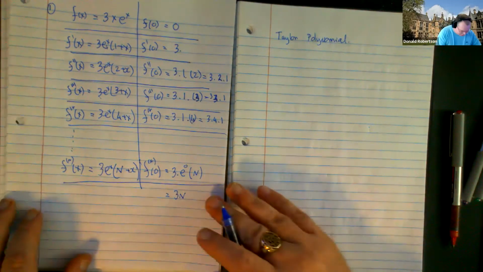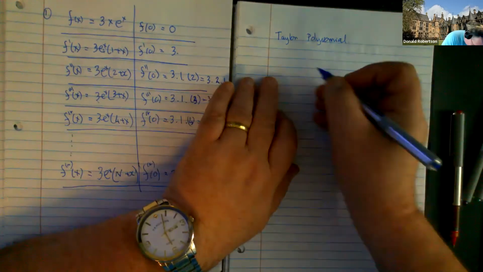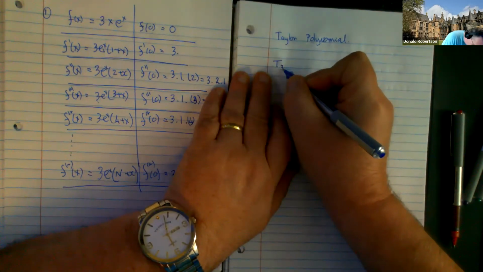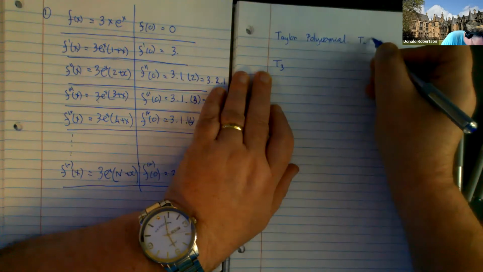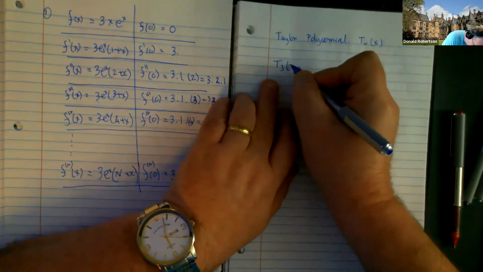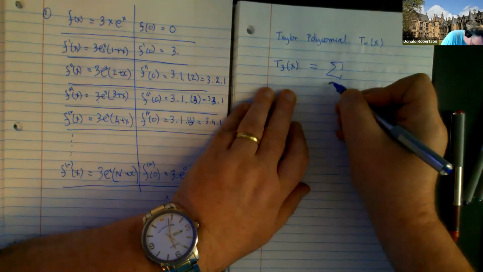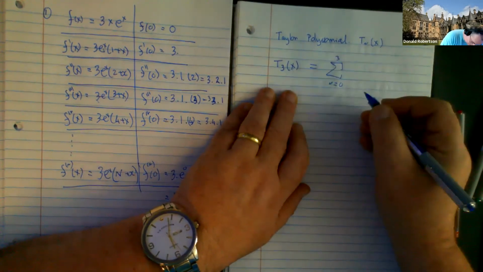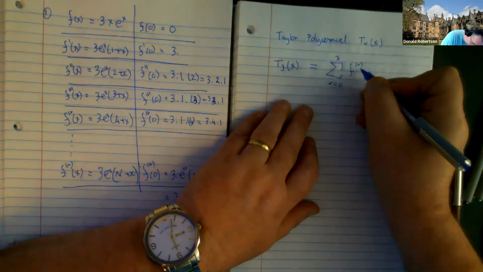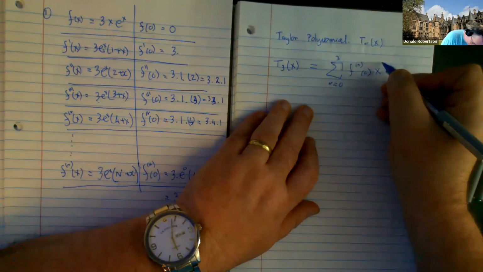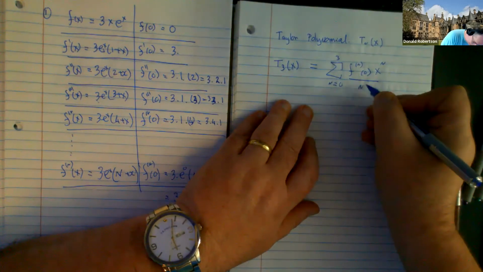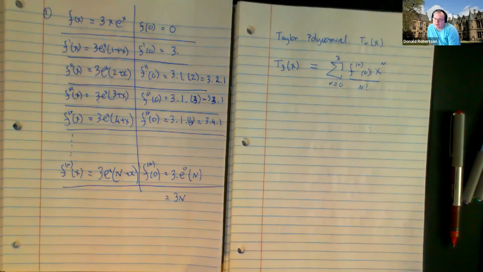So if you wanted to do, for instance, by the way, the Taylor polynomials are called that, right? If you wanted to do T3 of x, you would be doing n equals 0 to 3. You would be essentially calculating up to x cubed.